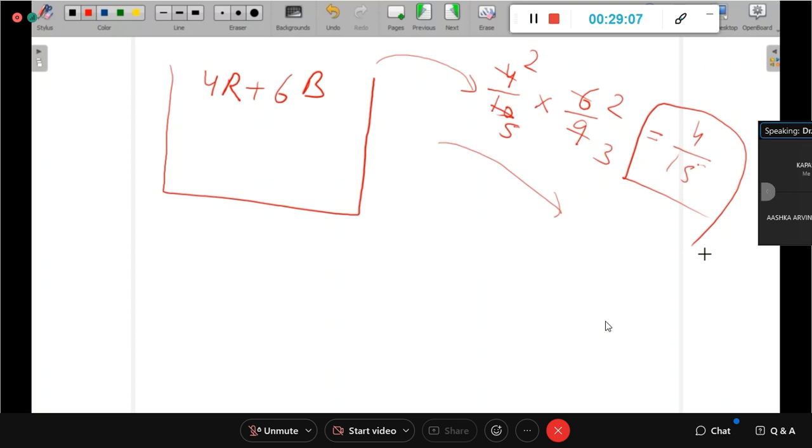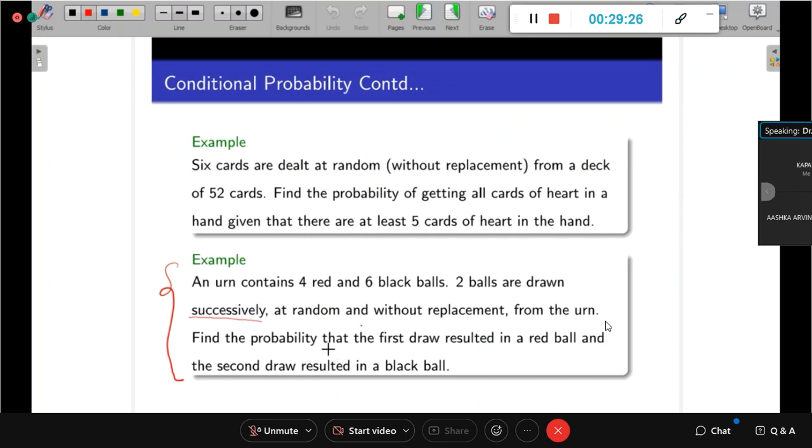Now, can we model it as a conditional probability case? That way also you can look at it: the first drawn ball is red. What is the probability that the second draw resulted in a black ball?